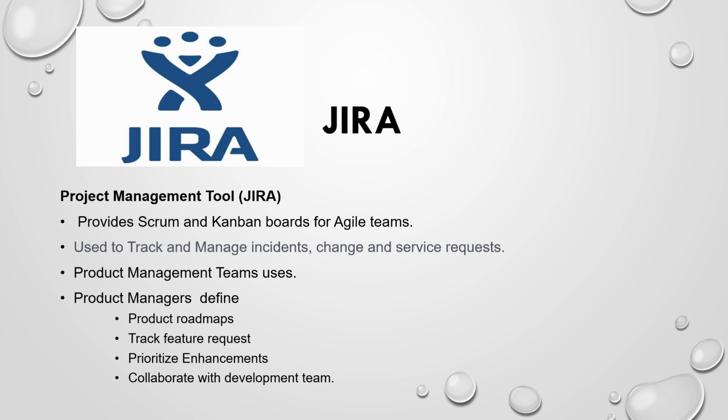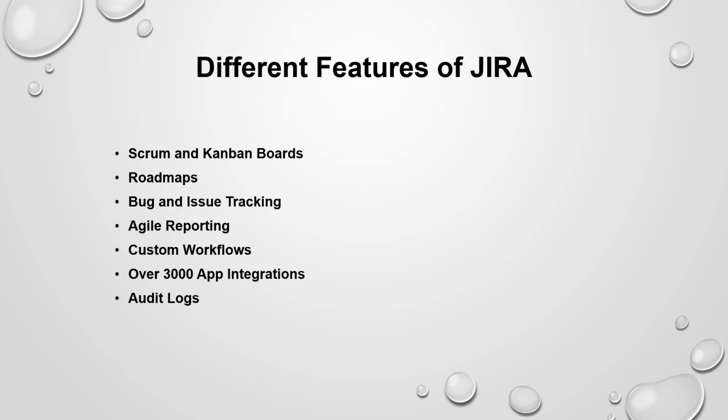Product managers use Jira to define the product roadmap, track feature requests, prioritize enhancements, and collaborate with the development team to deliver customer-centric products. Different features of Jira. It has Scrum and Kanban, roadmaps, bugs and issue tracking, agile reporting, custom workflow, over 3000 app integrations, audit logs.